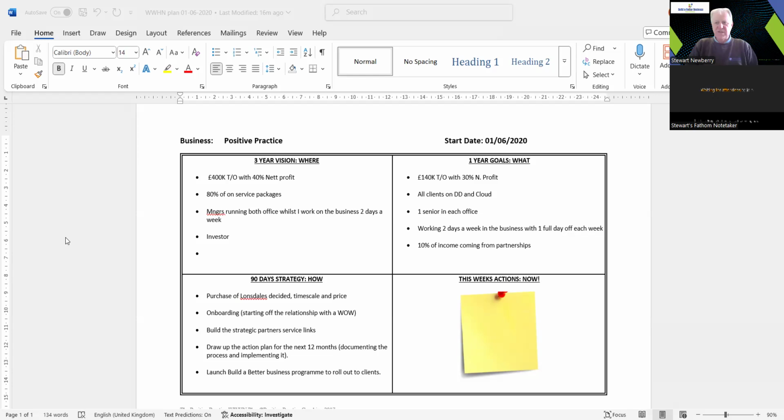I would also suggest that you write at least 2 action points for that 3-year time, those KPIs that are specifically for you personally. Now that might be book a skiing trip, or might be book that world cruise that you've always planned. Gives you something to aim for, and if the plan is successful, you should be able to achieve that personal goal yourself. It doesn't have to be anything massive.